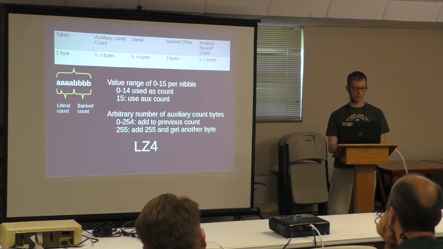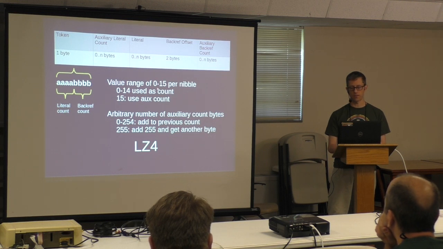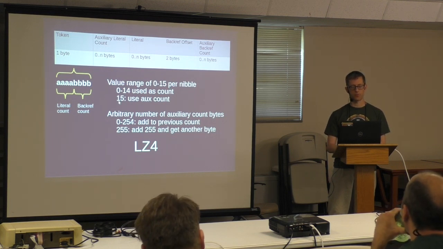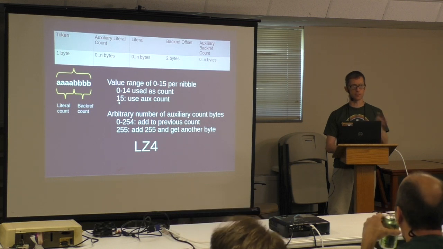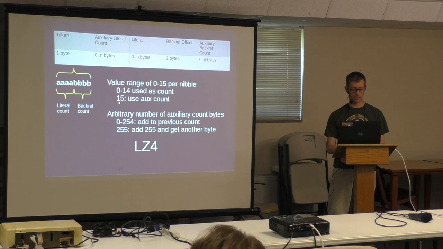It splits this first byte into a literal count and a back referencing count, which is the stuff that it's seen before. And then in order to get around this 15 byte limit, it has these auxiliary count variables. So if you need more than 15 bytes, you add these auxiliary counts, and so you can store arbitrary length bits of data in this algorithm.